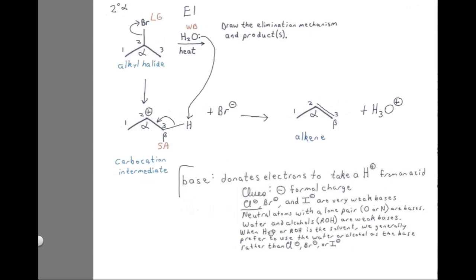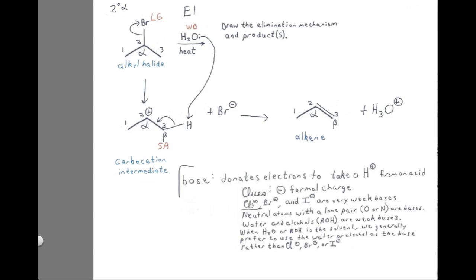As a result, when water or alcohol is the solvent, we usually prefer to use the water or alcohol as the base, rather than Cl-, Br-, or I-. Well, in this case, we had a water solvent, so we preferred to use that as the base, rather than the Br-. Notice that anytime water or alcohol is included in the starting materials, we generally assume that that's also the solvent for the reaction.